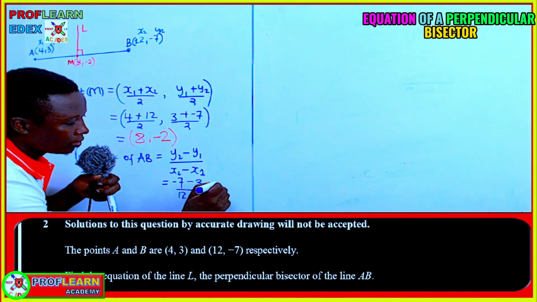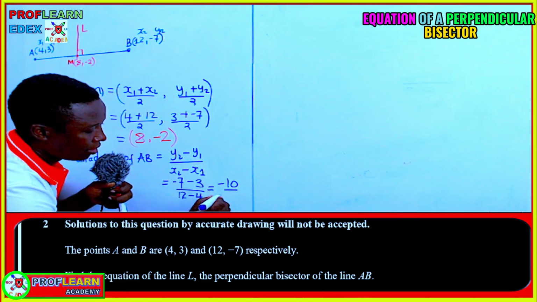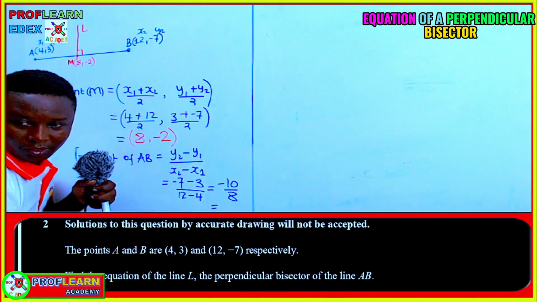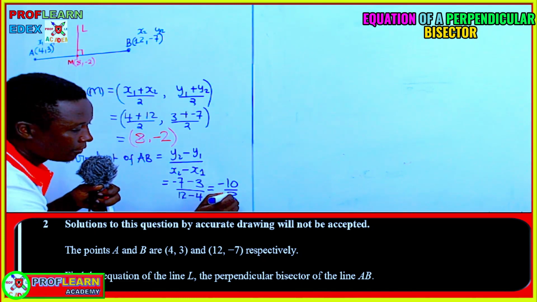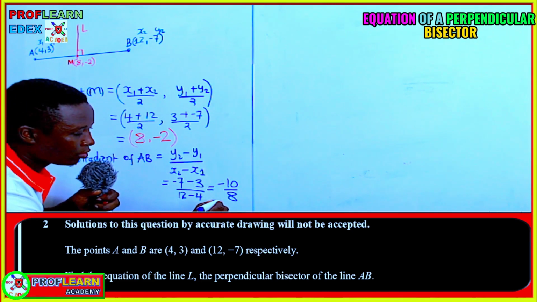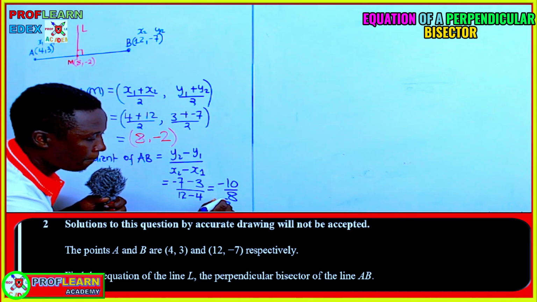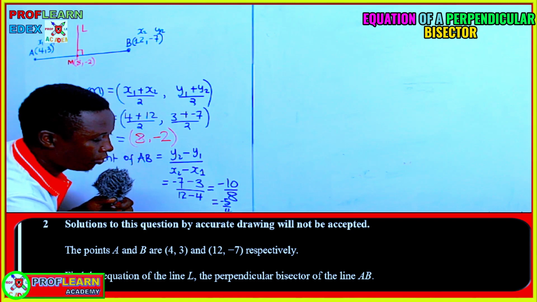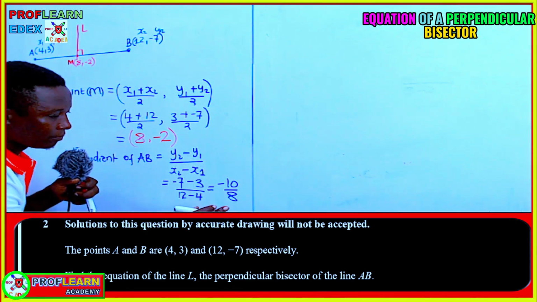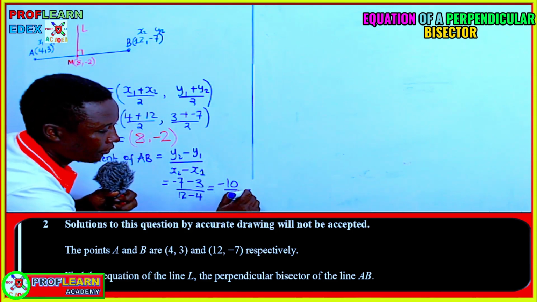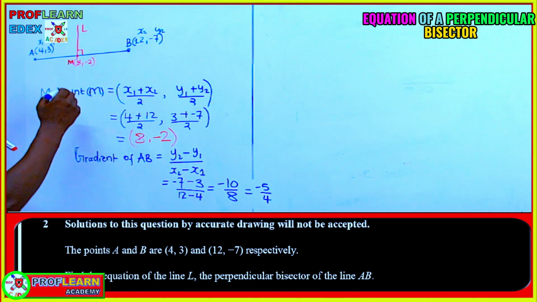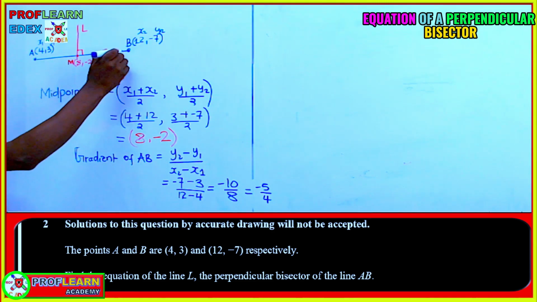If we work this out, we get -10 over 8, which simplifies to -5 over 4 as the gradient of the line AB.